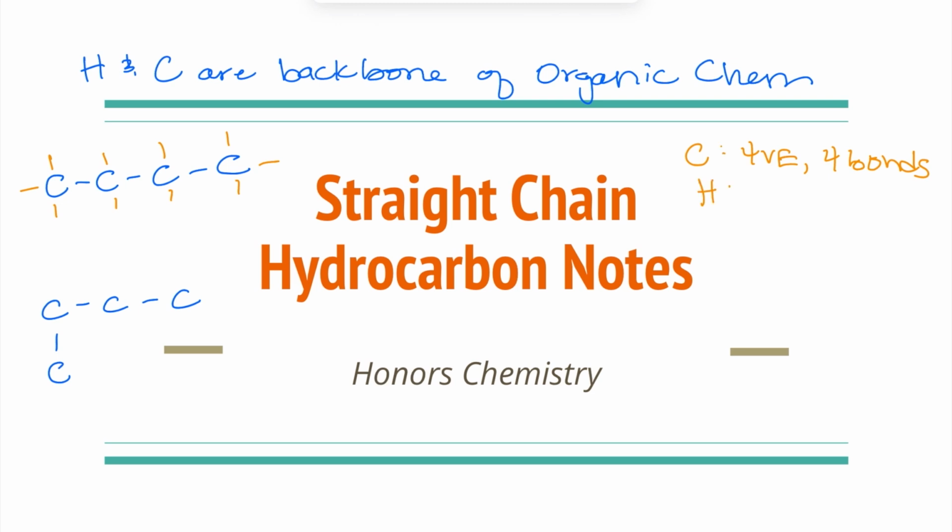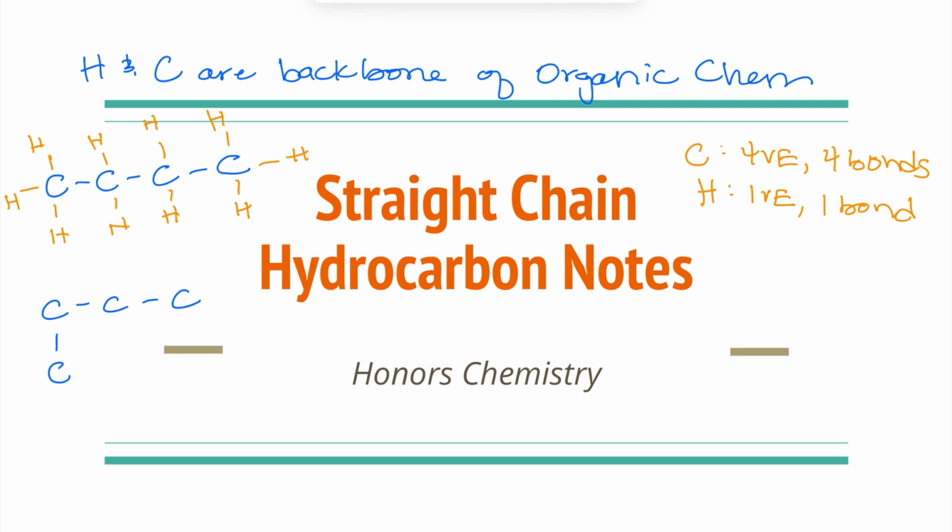Hydrogen has 1 valence electron. It only wants 2 valence electrons because of its energy level, and so it only wants 1 bond. So we can have all these carbons connected, and then we can fill in hydrogens wherever those carbons need that additional bond so that all of these are happy.